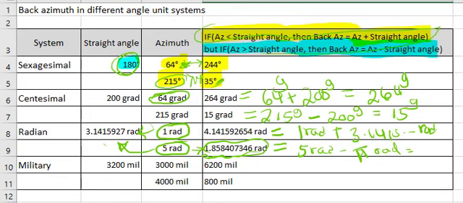For the final system, which is the military system, the straight angle is 3,200 mils. If we have a line with azimuth 3,000 mils, then this is less than 3,200. So the back azimuth equals the azimuth, which is 3,000 mils, plus 3,200, and this will equal 6,200 mils.